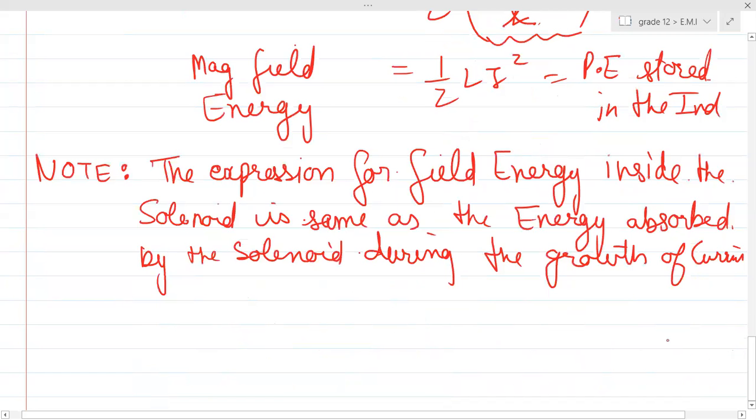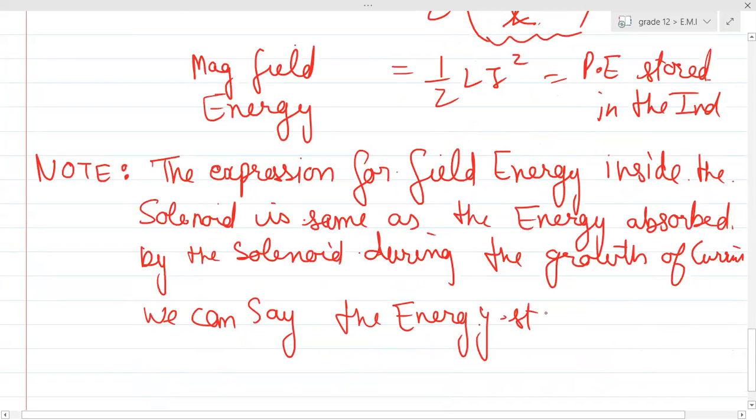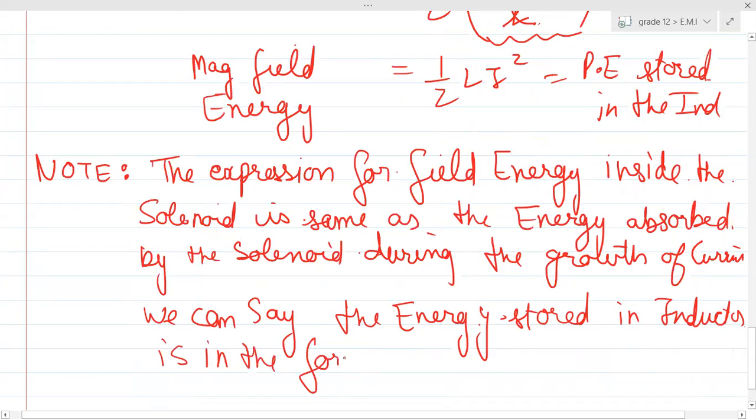Is it clear, guys? Or we can say the energy stored in the inductor is in the form of magnetic field energy.